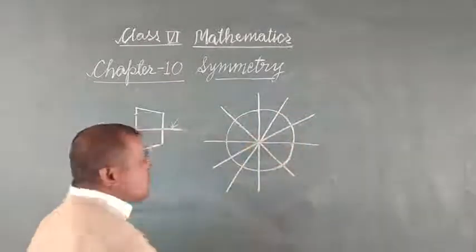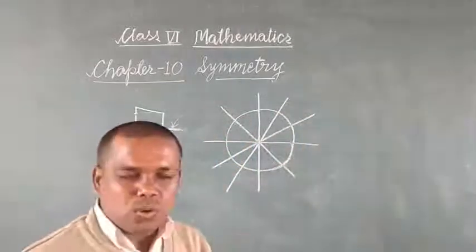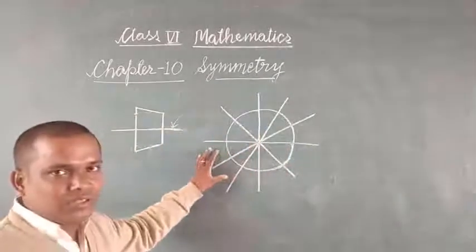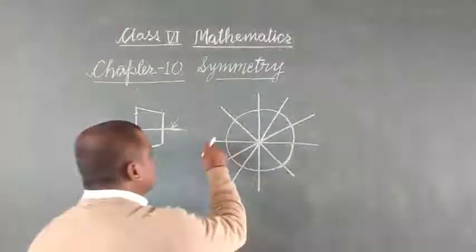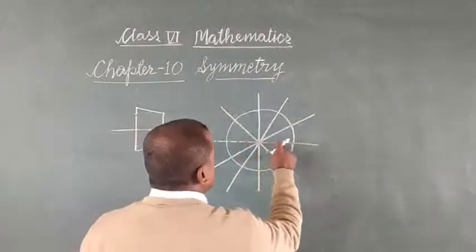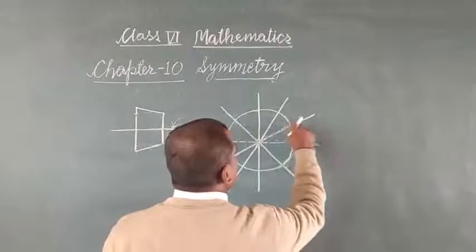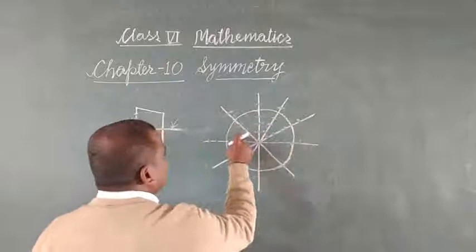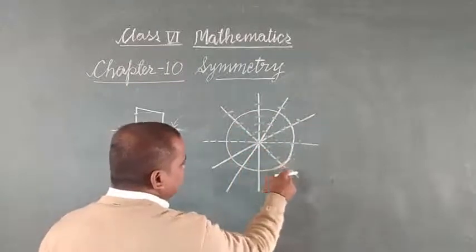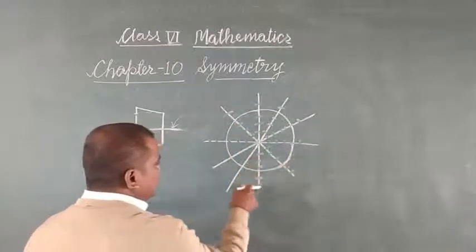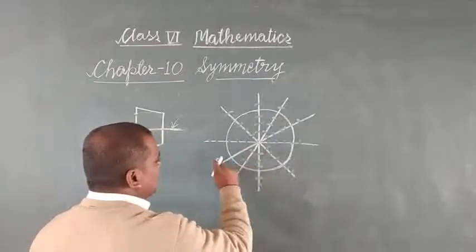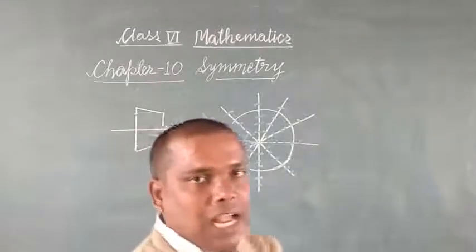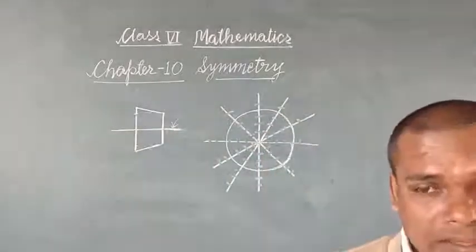In this way you can draw infinite lines of symmetry in the case of a circle. So you can say that a circle has infinite lines of symmetry. I am making it a dotted line, since we draw a dotted line to understand the line of symmetry. So from here it is clear that a circle has infinite lines of symmetry.